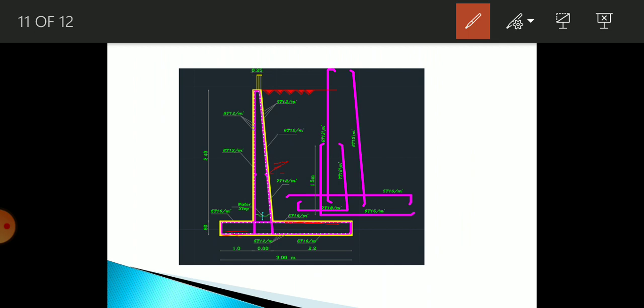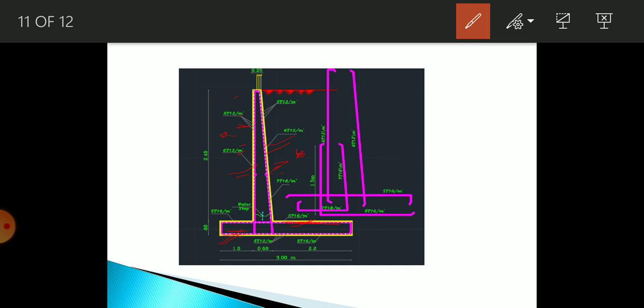So this is the main reinforcement of toe slab. So we know that at this side main reinforcement of stem will be laid, at this side main reinforcement of heel slab will be laid, and at this side main reinforcement of toe will be laid. These dots will indicate the distribution bar. Then at this side of stem wall temperature steel will be laid, because at this side of stem wall there is backfill, that means there is soil, but on toe side no soil will be there, so this part of stem will always be exposed to atmosphere.